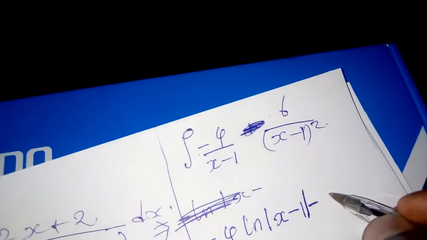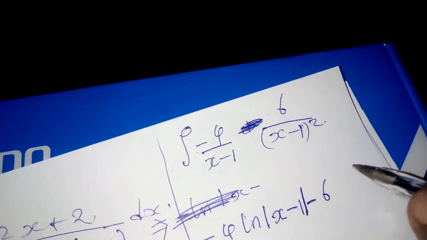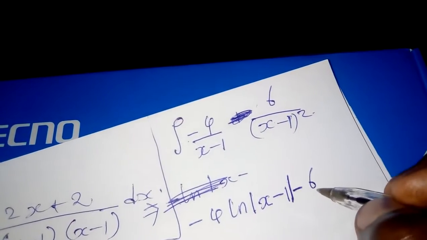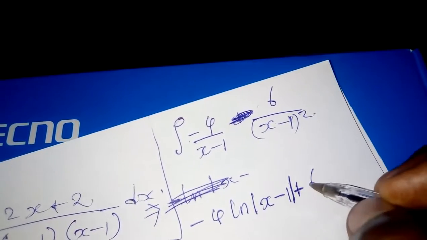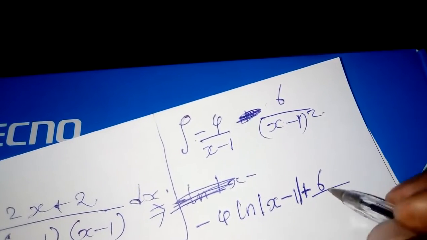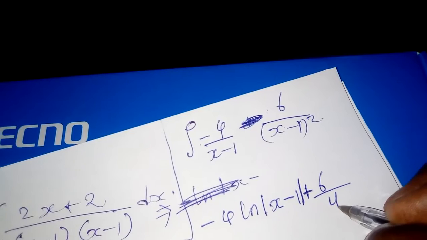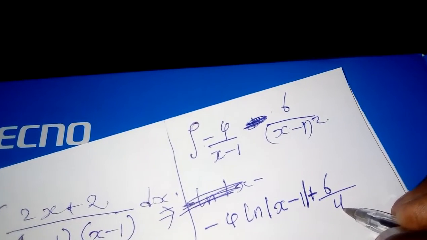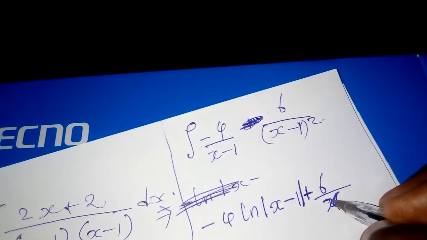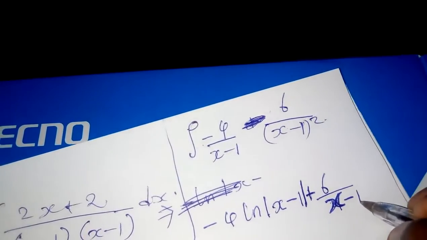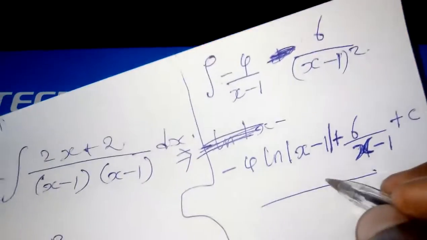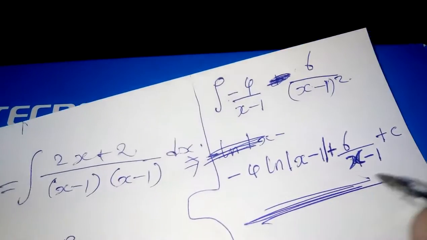Then on this side, it's going to be a positive. So you can use substitution to integrate this. You're going to get 6 over x minus 1, then plus C there. Don't forget to put your C. So this is going to be your solution.